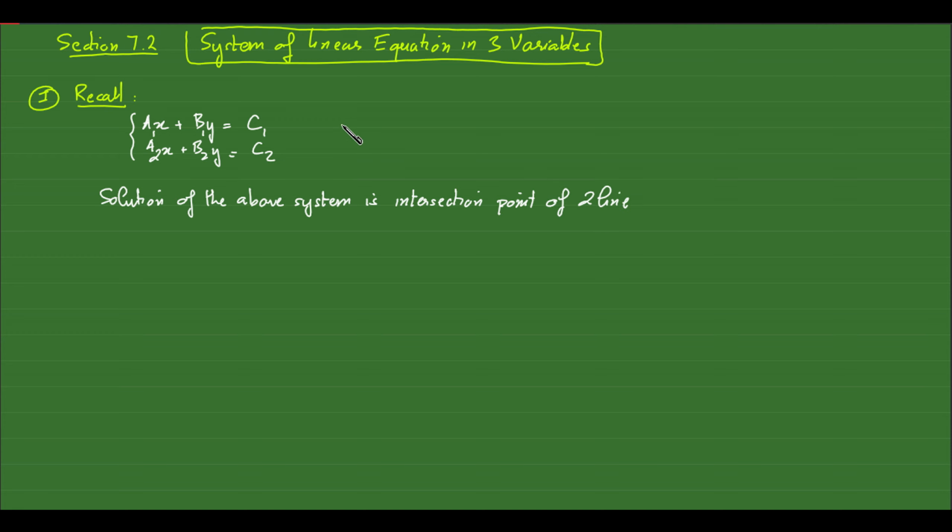Okay, 2 lines. I'm going to put over here L1, and the line over here is L2. 2 lines, L1 and L2.